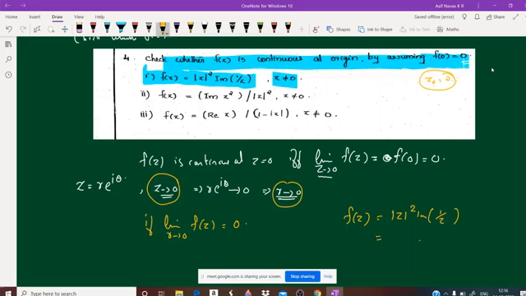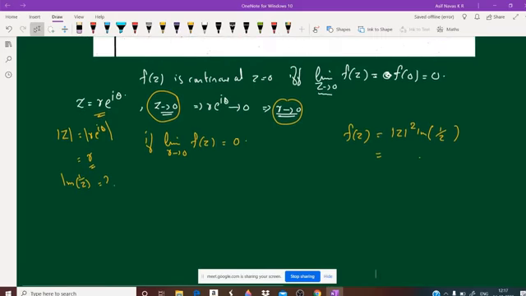So z is r e power I theta. Then what is mod z? Mod of r e power I theta is just r. And what is the imaginary part of 1 by z? This we want to calculate.